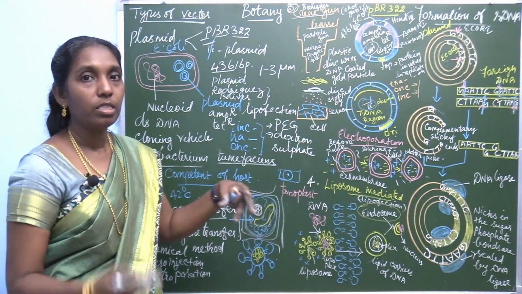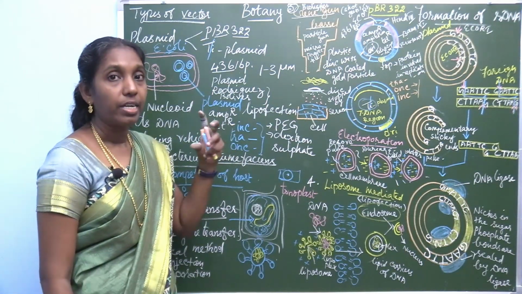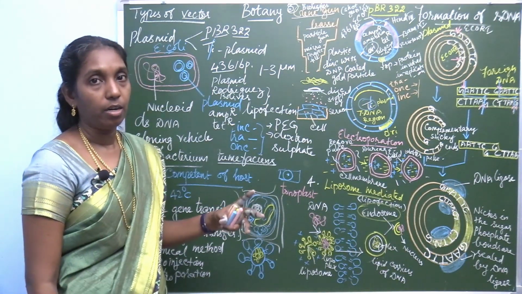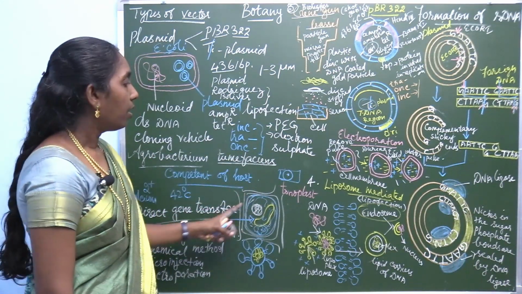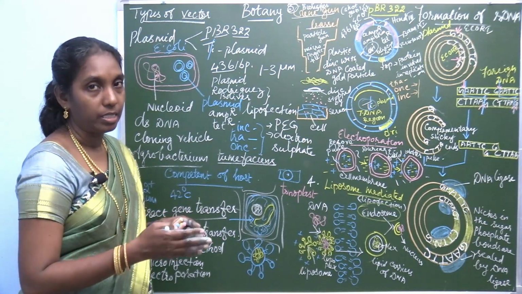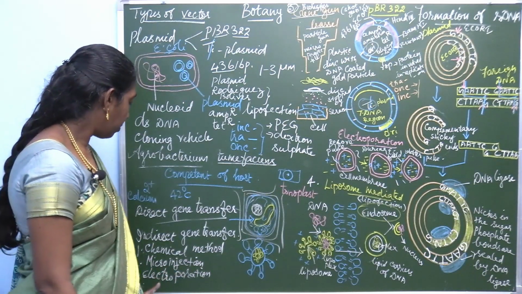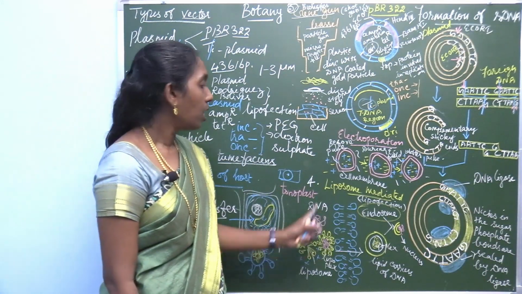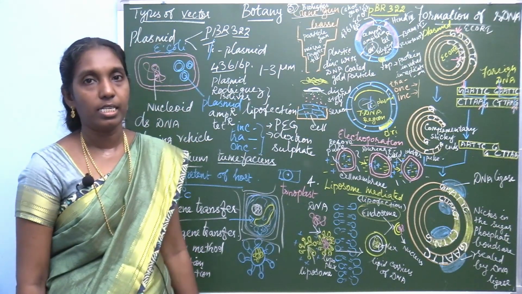Then the last question. Only three questions you are going to learn. Learn them very clearly without any doubt, this is a very important topic. And finally the direct gene transfer methods: chemical method of gene transfer, microinjection method, electroporation, liposome mediated gene transfer, and biolistics.